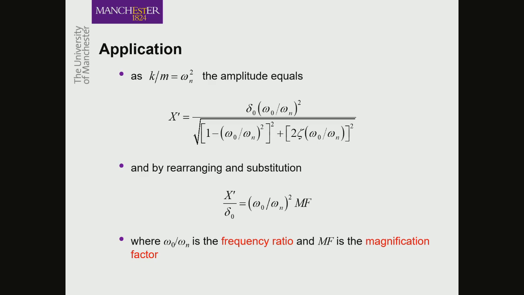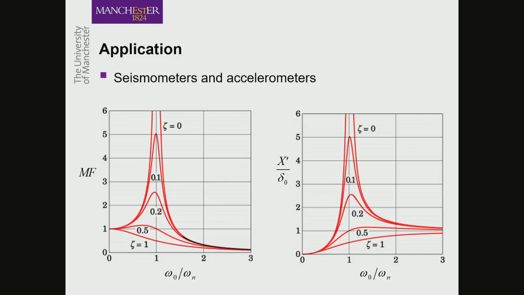Good. In some textbooks like Meriam and Craig, for example, you will see just M instead of MF, magnification factor, but they are the same things, so it shouldn't confuse you. Now, two very powerful graphs.